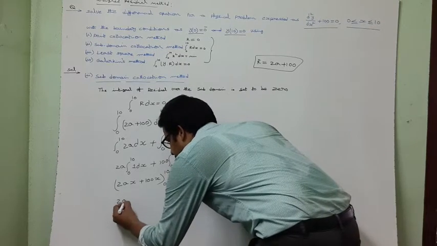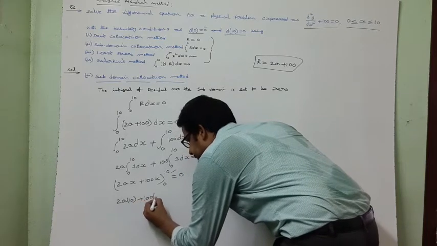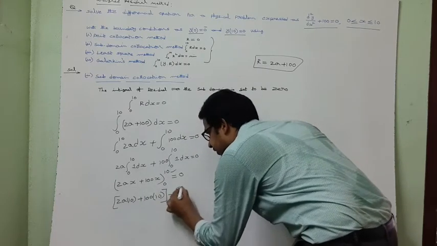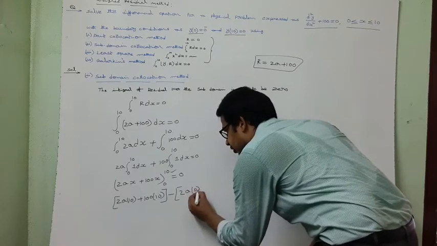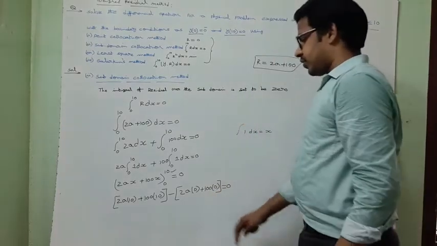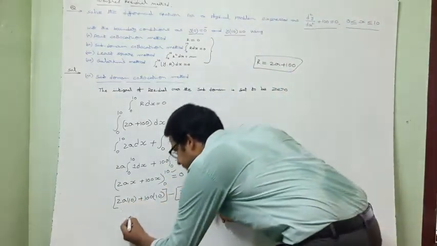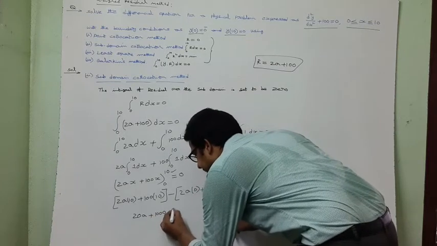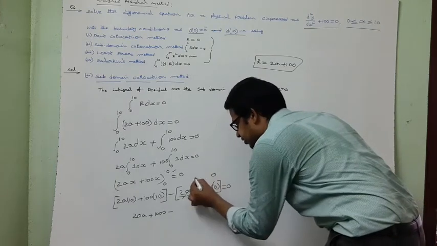So 2a of the upper limit 10 plus 100 into 10, minus the lower limit x equal to 0: 2a into 0 plus 100 into 0. So 20a plus 1000 minus 0, and this term is 0, this term is 0.